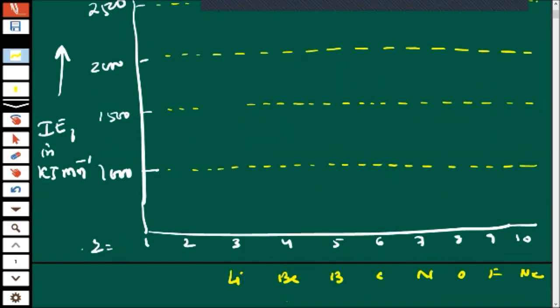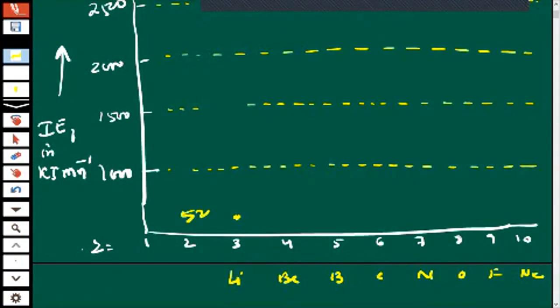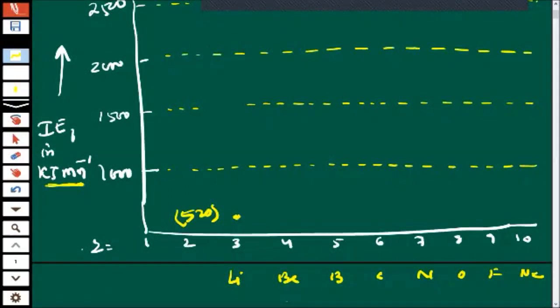So what is the value for lithium? See, I am giving you all values. Lithium is having some values over here, and the value is 520 kilojoule per mole. And for time being, I am leaving beryllium. I am going to boron.